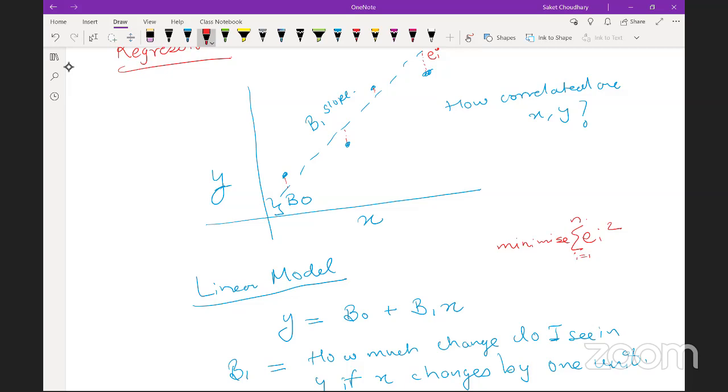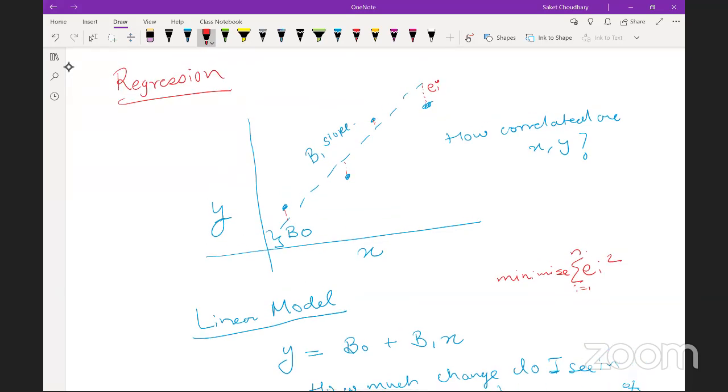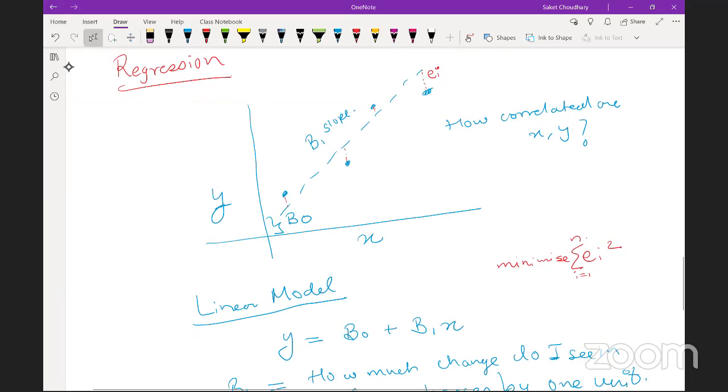So you essentially minimize the summation of your residuals, and that gives you a best fit line, which is this linear model. And in each of these steps, you are essentially making an error. I can't fit a linear model by making the line pass through all the points. That is impossible. I'll have to fit a non-linear model.